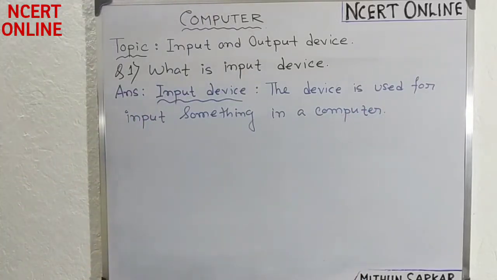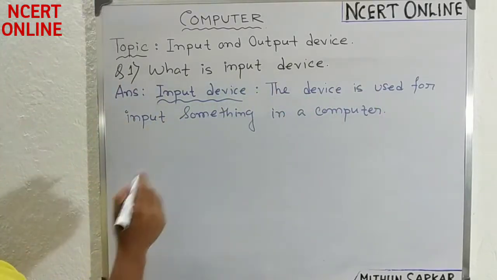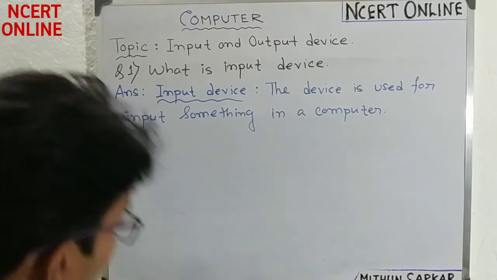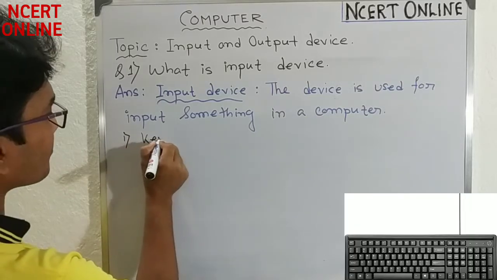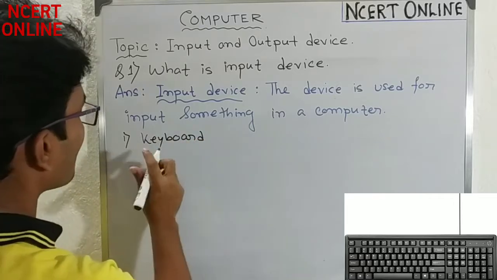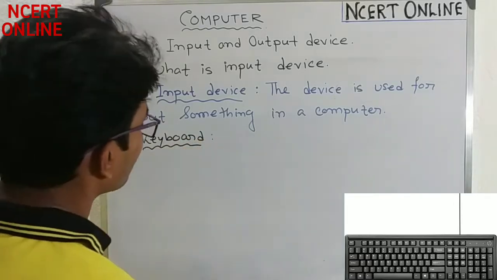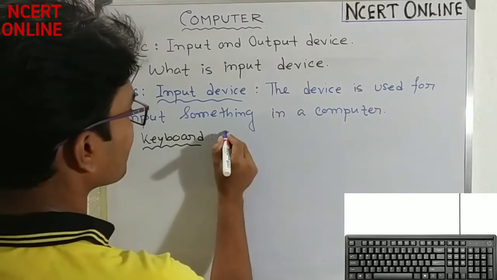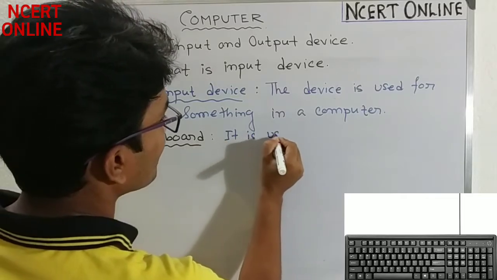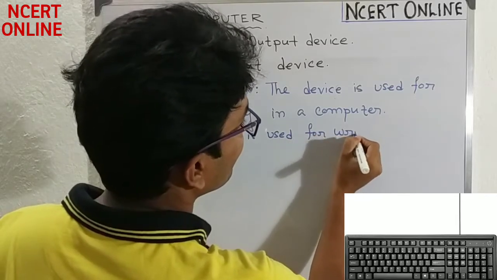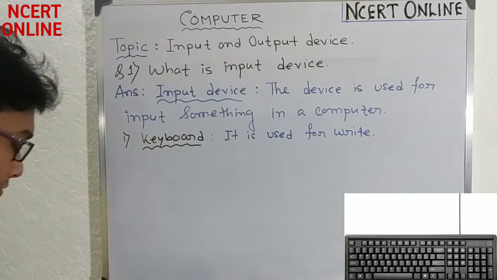Then let's see the different input devices. Number 1, the first input device is the keyboard. We can write the uses also together. It is used for writing, very easily.